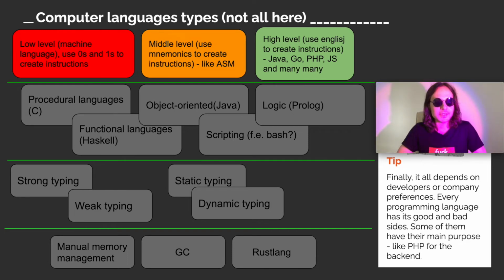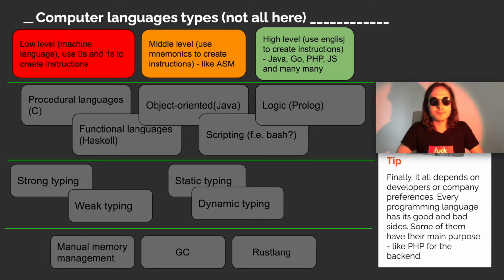Then there is an explanation of programming languages according to their usage style. First of all, we have object-oriented languages, where we always use objects to describe the state of our application, or we use functional languages, where the main unit is a function, so we can use functions as arguments for other functions.